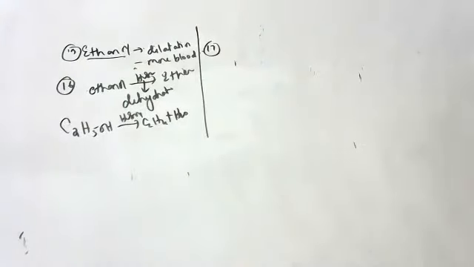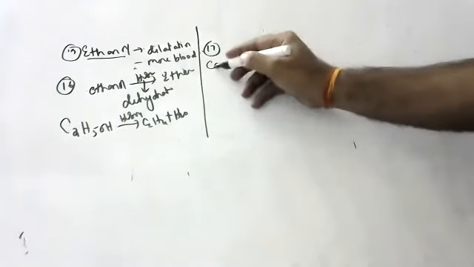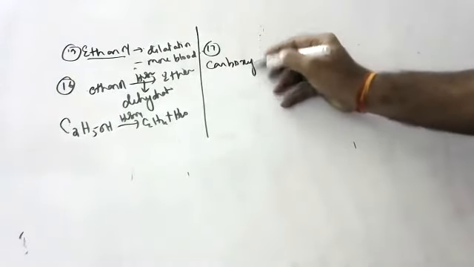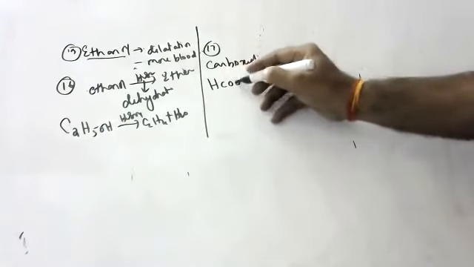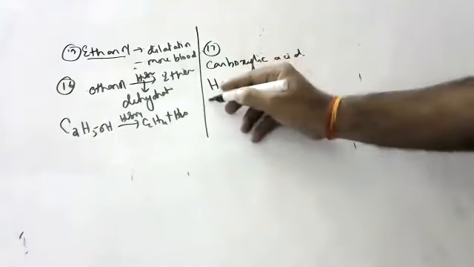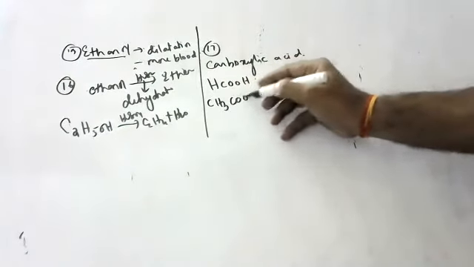Next. Why are carboxylic acids weak acids? Name an alcohol which produces methanoic acid on oxidation. What is the first carboxylic acid, anyone? HCOOH, methanoic acid. Add CH2: CH3COOH, ethanoic acid.